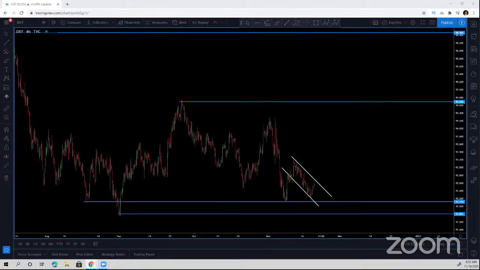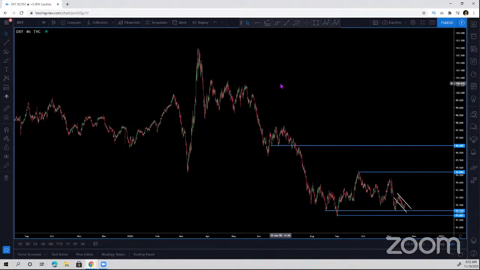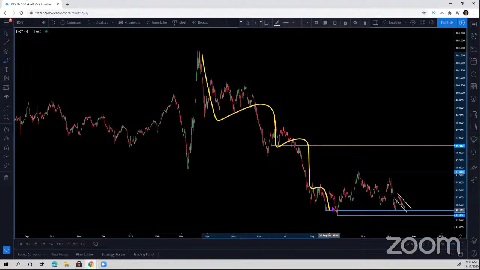Just making sure that we have sound. Yep, we have sound. So this is the thing, right? Since the end of March, April, we have been in a heavy sell-off on the US dollar, right?